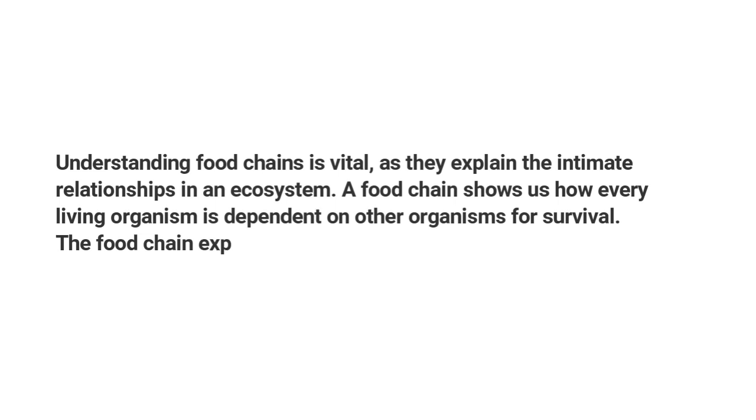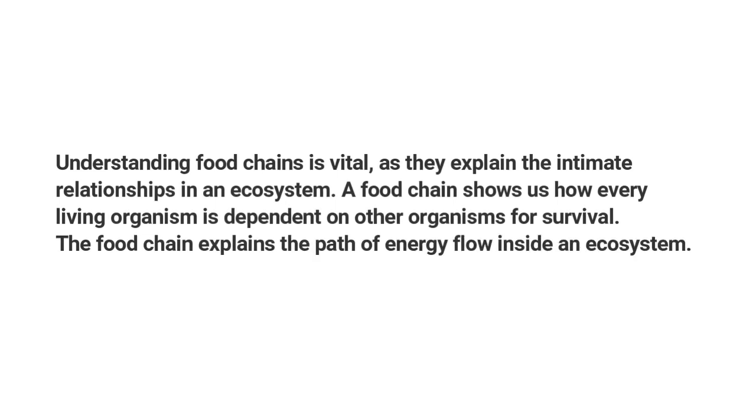Understanding food chains is vital as they explain the intimate relationships in an ecosystem. A food chain shows us how living organisms are dependent on other organisms for survival. The food chain explains the path of energy flow inside an ecosystem.